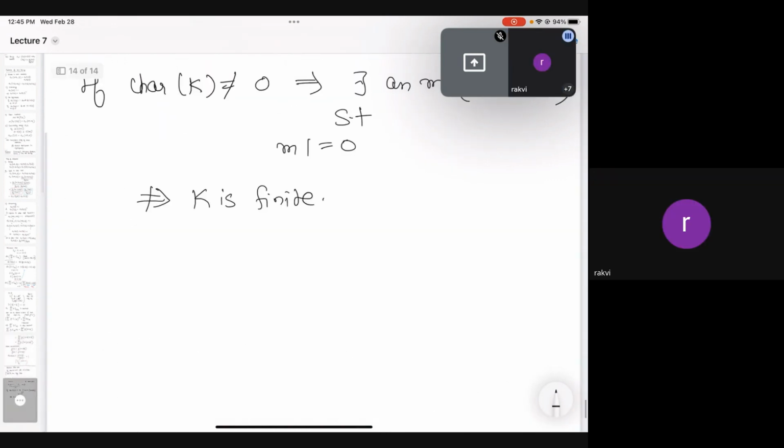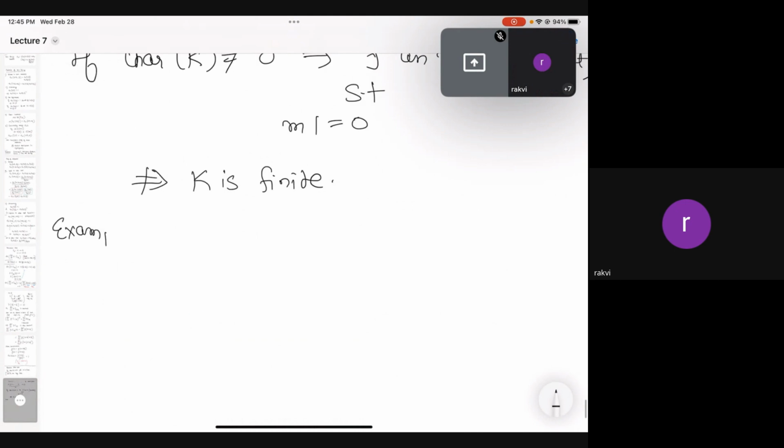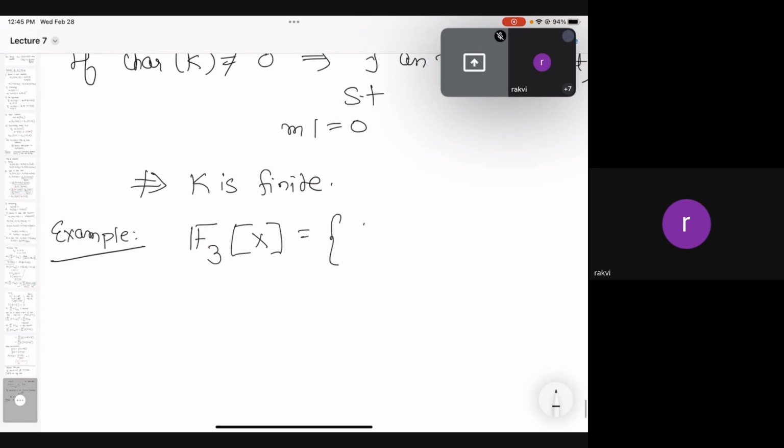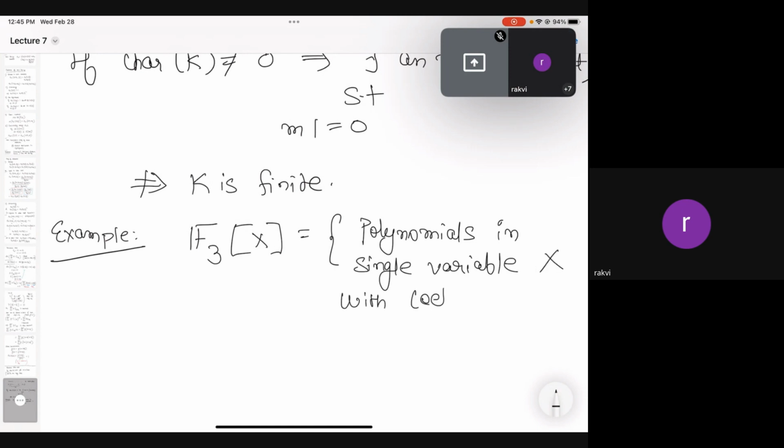And here is an example. We can do this trickery. Let's take our coefficients to be in the finite field F3, and let's collect all the polynomials in a single variable x with coefficients in F3.